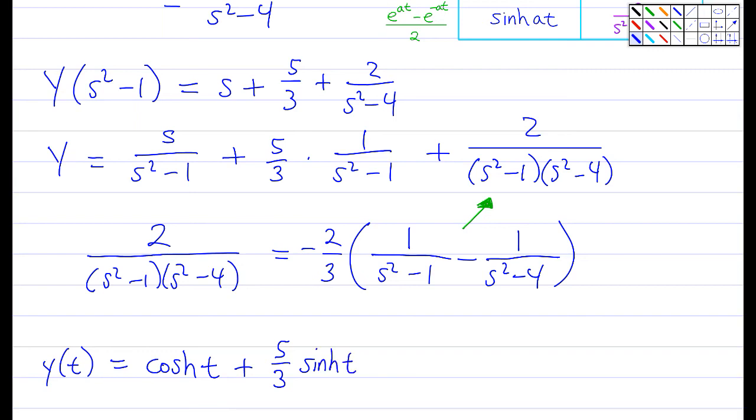Okay, now remember we're replacing this fraction with these two fractions. Okay, what is this the transform of? This is the transform of hyperbolic sine of t. That was nice and easy.